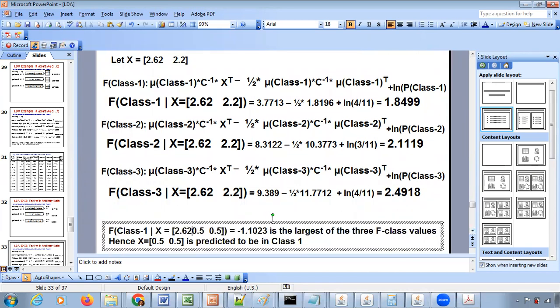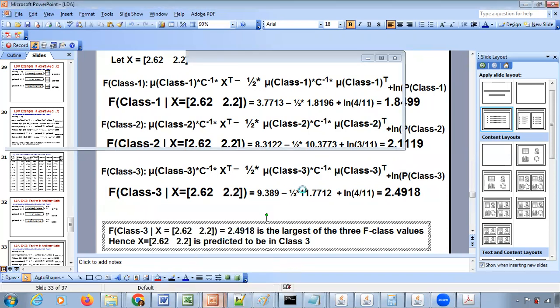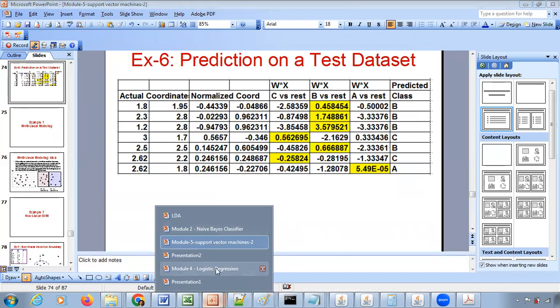So we can say it will belong to class C, or class 3. So 2.62 and 2.2 is predicted to be in class 3. In the support vector machine, it was also predicted to be in class C, and LDA is also predicting class C, which is class 3 here.